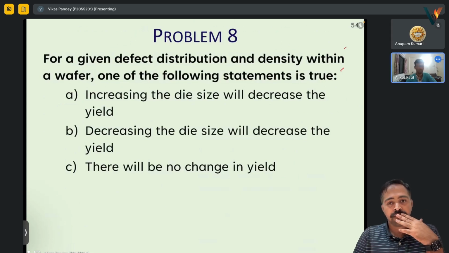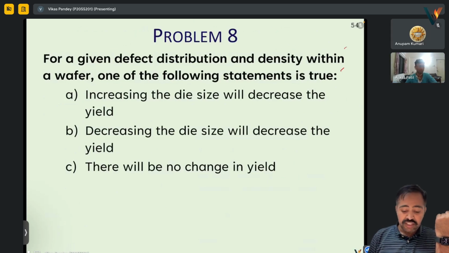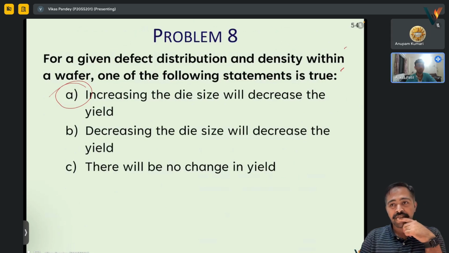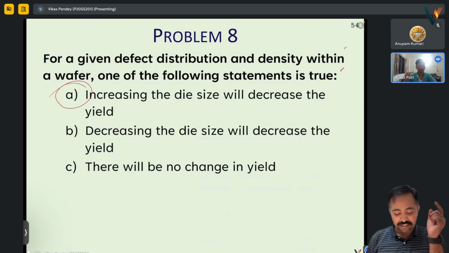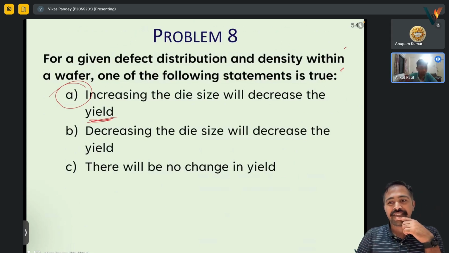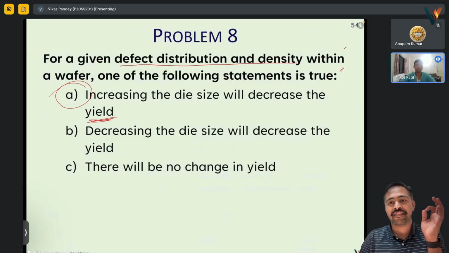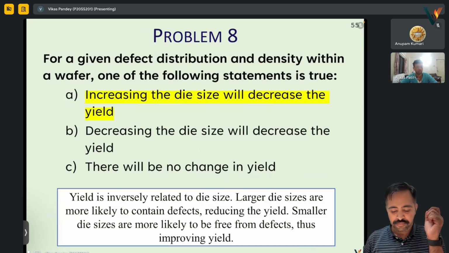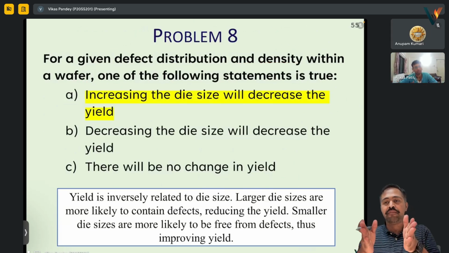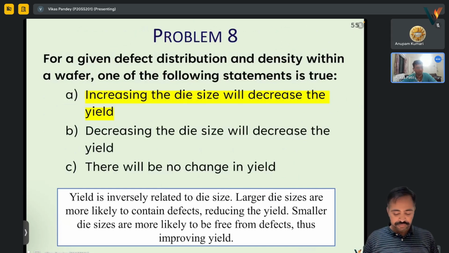For a given defect distribution and density within the wafer, the number of defects is fixed, right? Yes. If the number of defects is fixed, then increasing die size will decrease the yield, because we will have more defects on one single die. Correct.